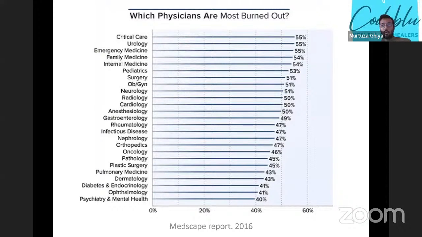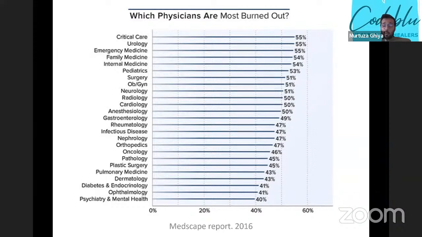Before we begin the core of today's discussion, let's just look at this. I'm sure everyone's looking, some of them with their mouth wide open, like, whoa, this is what's happening in the world. Yes, these are the rates of burnout, but don't get easily carried away by just looking at the numbers.